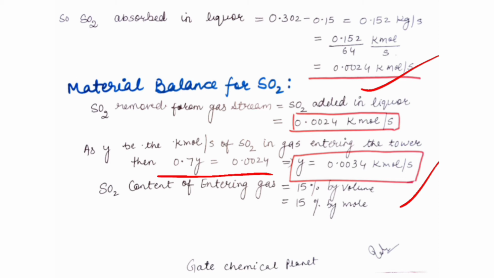So we can now calculate the SO2 content of the entering gas, and it is already given as 15% by volume.